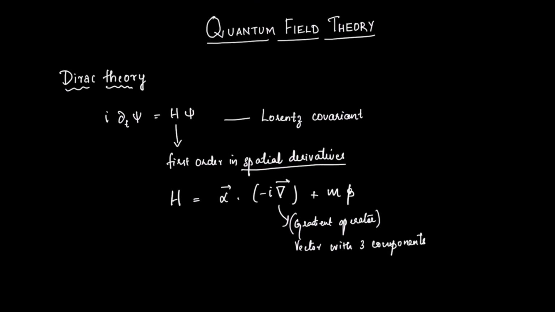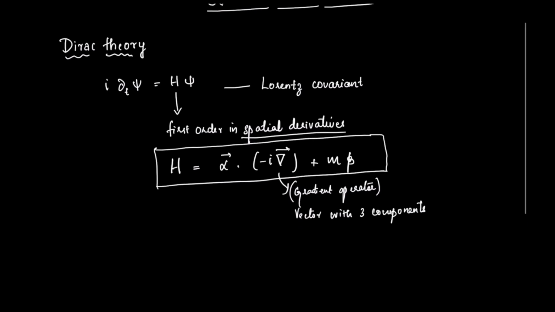So at a glance, this equation does not make any sense, right? But if psi is an ordinary function and alpha and beta are constants, then this gradient operator is not contracting with any other term. So that is an issue.